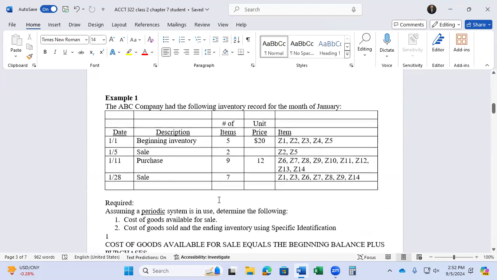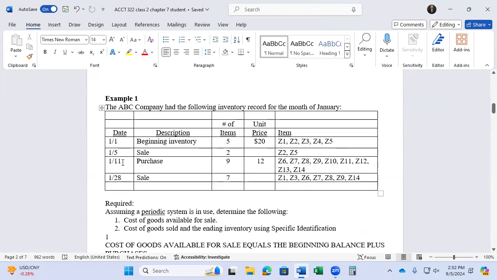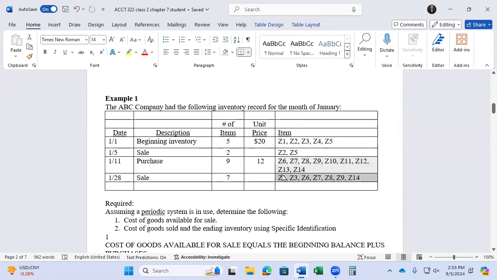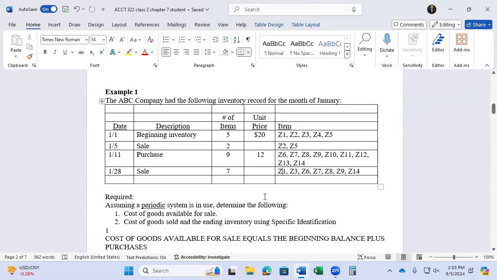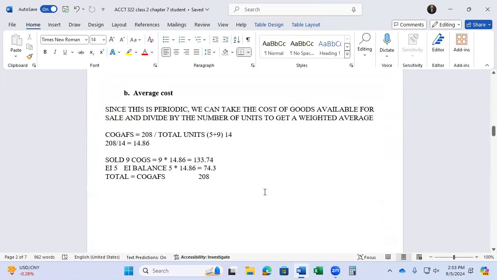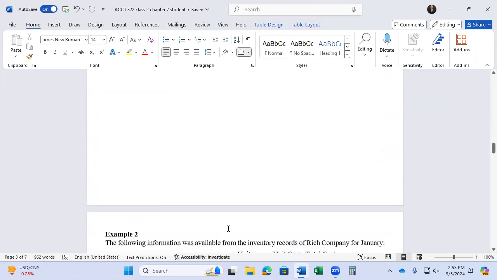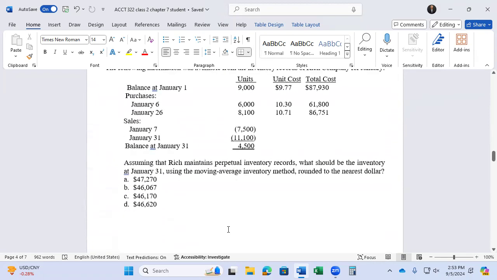Now, keep in mind that if this were perpetual and there were more activity, you would have to calculate it at this point, and then again after this point when they added more. So it changes that type of calculation. Any questions about example 1?